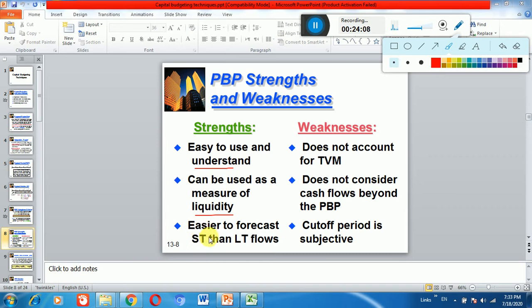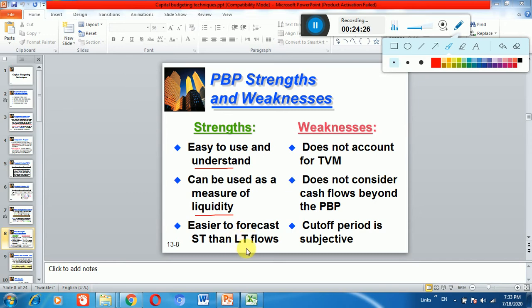So if you want to know about the short-term cash flows, yes, the payback period will tell you somehow about it, but it is not telling you about the long-term flows, what will happen in the future, whether the cash flow will decrease or increase.